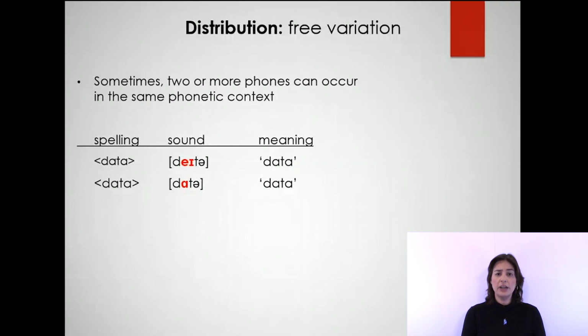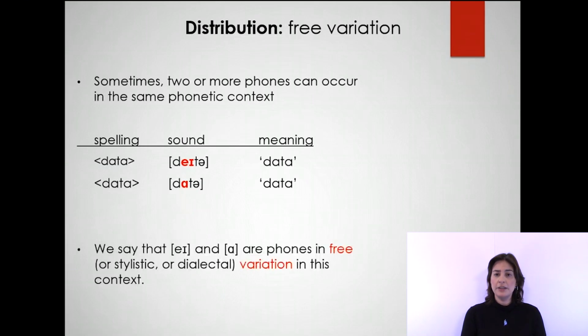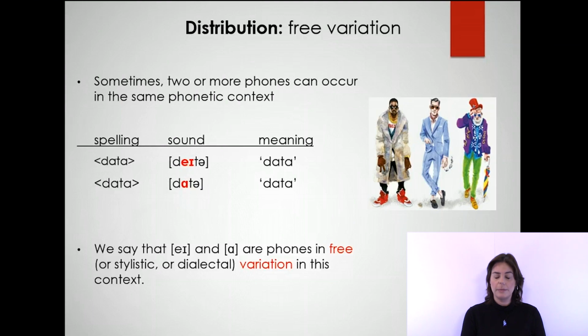It is like that variation we saw at the beginning of the course between either and either. Normally contrasting sounds like a and a do not contrast in this word. The variation is a matter of personal preference. In this case, we see that a and a are phones in free or stylistic or dialectal variation in this context.